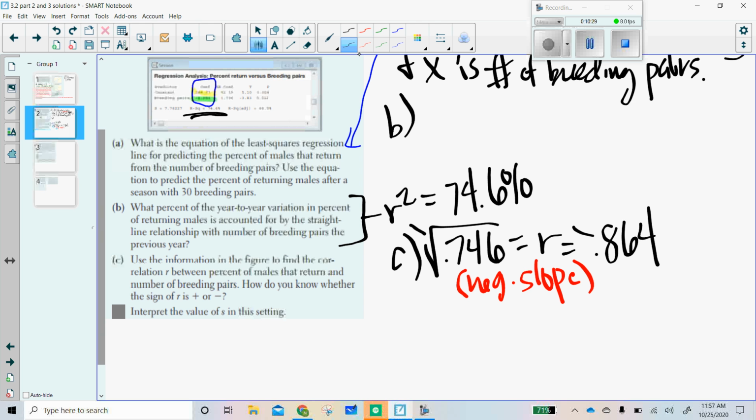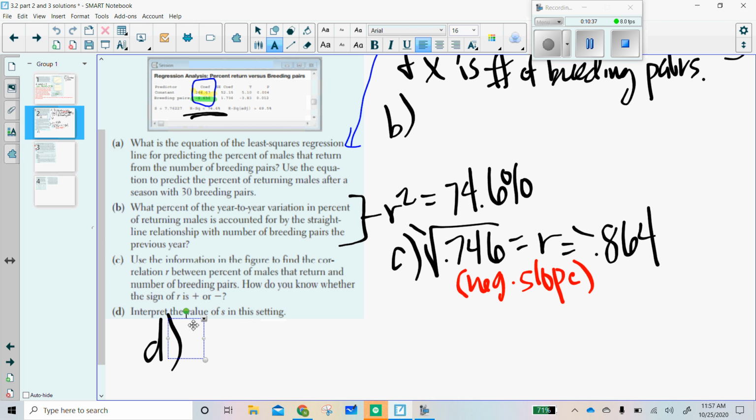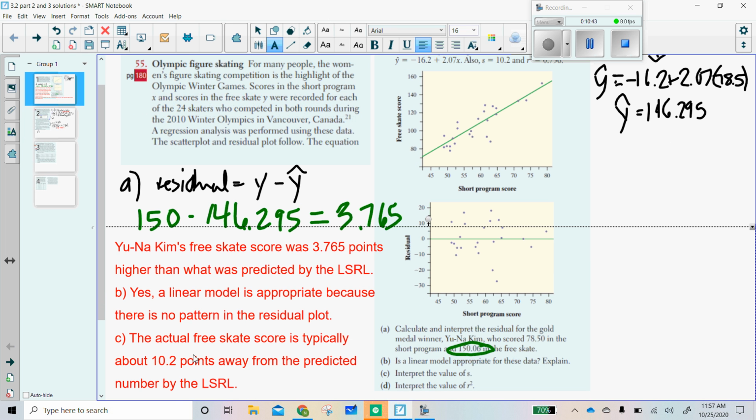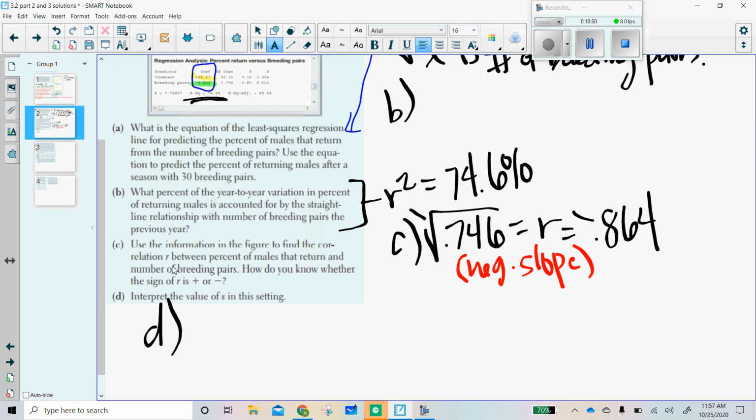All right, lastly, D: interpret the value of S in this setting. So it gave us S. And we actually just did this not long ago. We can look back over here and see the actual something is typically this far away from the predicted number. So in this case, I'm talking about the percent of males returning.